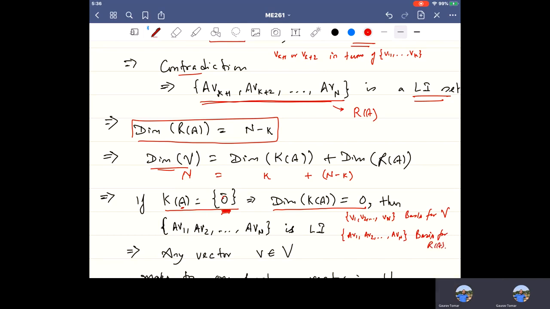Now U could be a bigger space, and you could be mapping only to a smaller part of it. That's why this will give you a basis for range of A only and not necessarily of U.